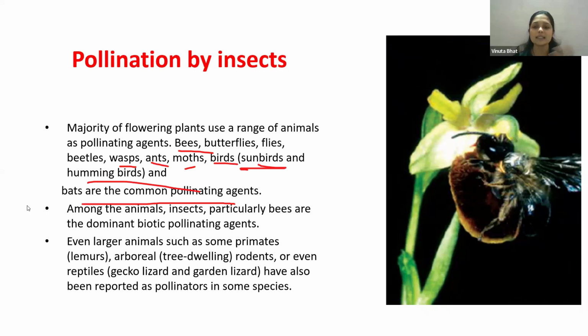So here what happens is, insects or animals transfer pollen grains to the stigma of the flower. Even larger animals like some primates, lemurs, or tree dwelling animals, or reptiles like garden lizard, gecko, also act as pollinators, not only insects, some animals also.